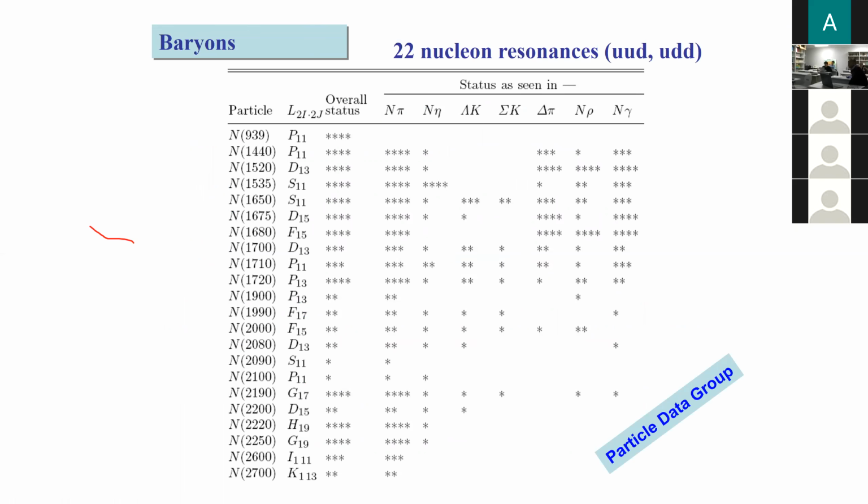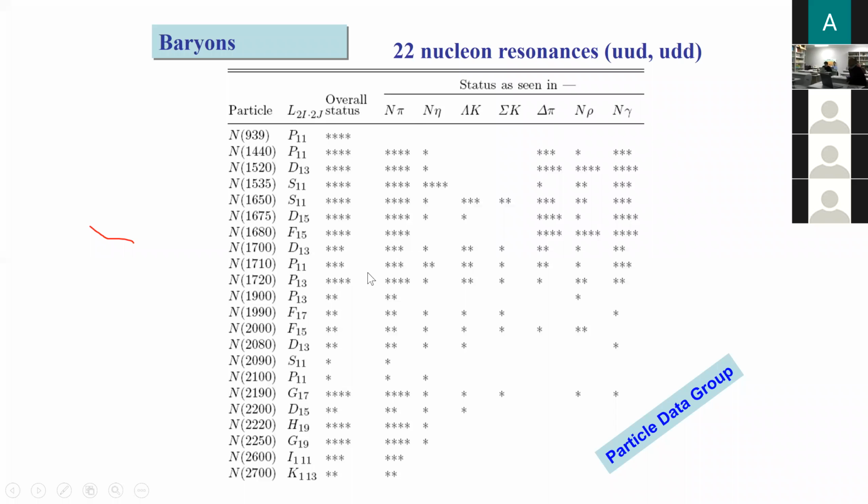We now have set up so many baryons in experiment, and if you look at the non-strange part, which are resonance states composed of U and D quarks, the so-called nucleon resonances, we've already seen tens of them, and we have observed these states in different decay channels.